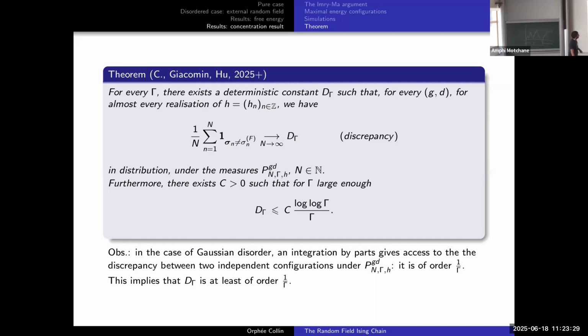In fact, this control is quite sharp because we have arguments to show that d gamma is at least of order 1 over gamma in the Gaussian case. In the Gaussian case only, because we use overlap arguments which are usual in replica computation. So is there a question on the theorem?